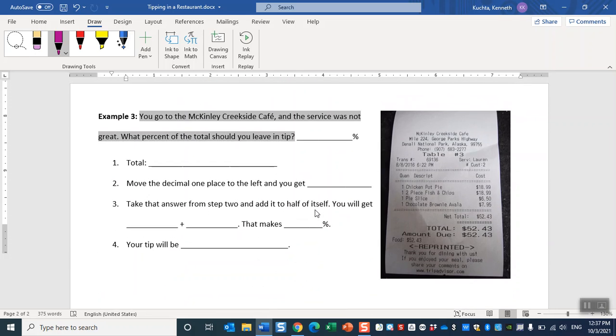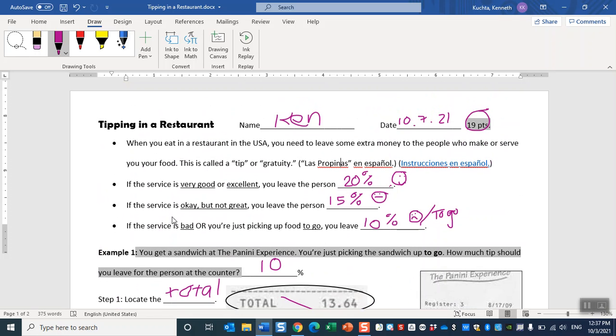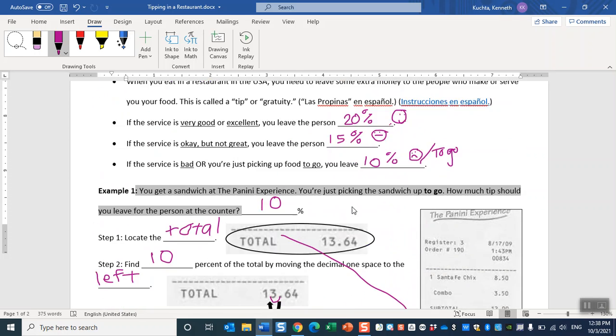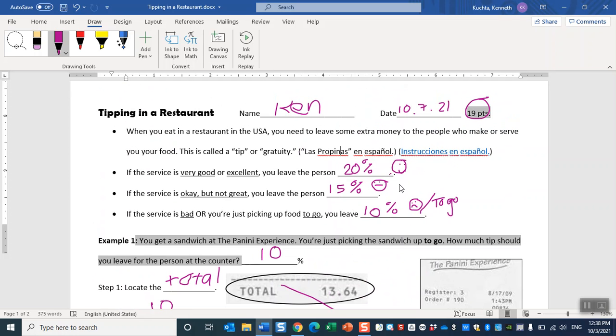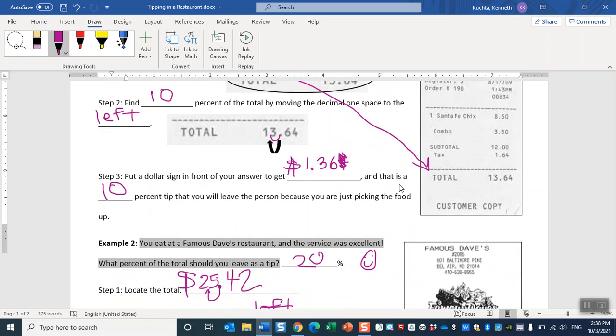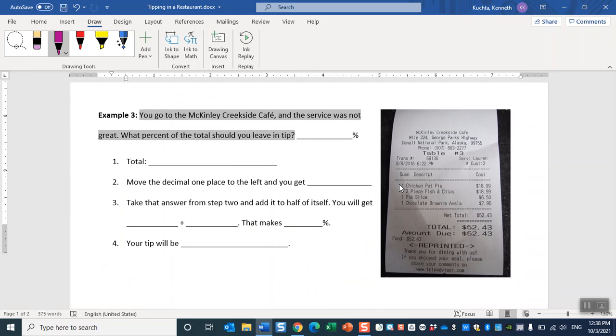All right, finally, you go to the McKinley Creekside Cafe and you get this receipt. But the service was not so great. So if the service was not great, they forgot some things. They were kind of slow moving. They walked around and didn't really talk to you when you sat down. That's 15%. Okay. Now, keep in mind, sometimes the waiters can't help it. Maybe the restaurant gets really busy all of a sudden, or they're missing people. That's not always their fault. Okay. Locate the total. It sometimes will say amount due or total due. Okay.